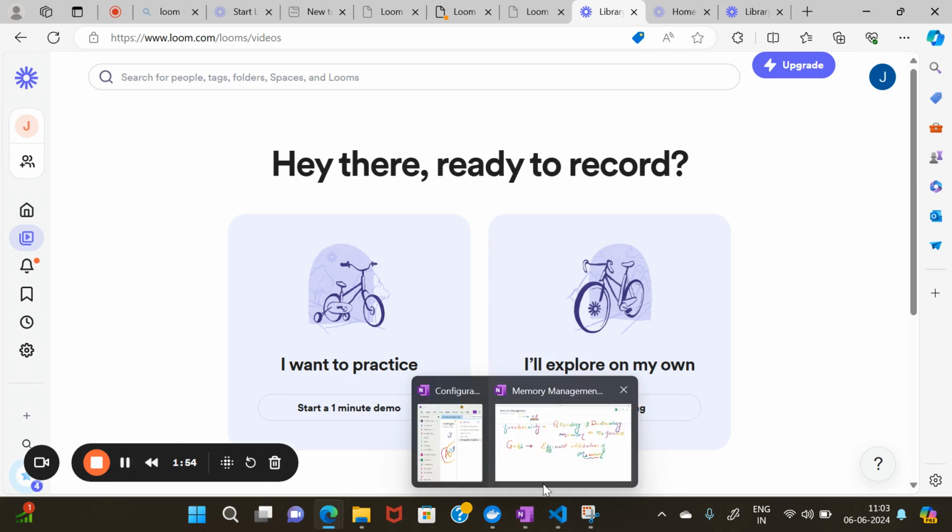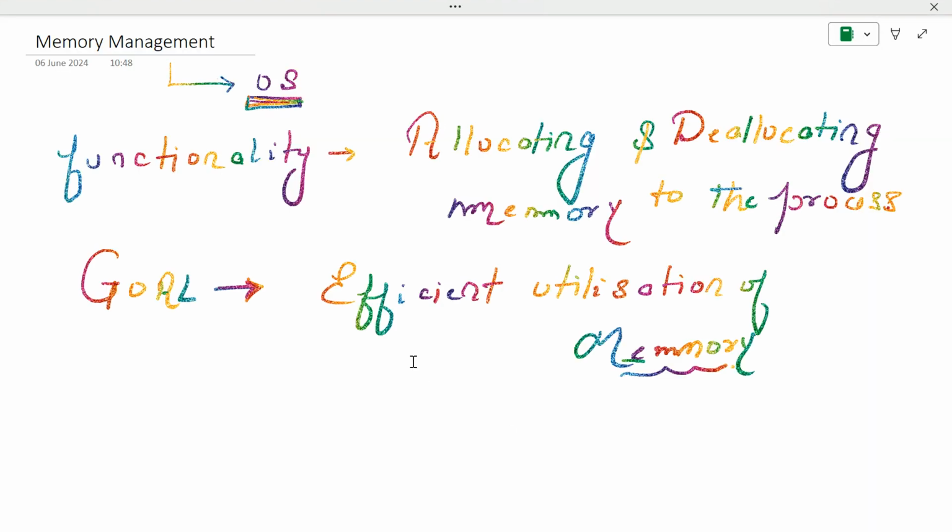Okay, so I'm back. We were talking about the goal, and the goal refers to efficient utilization of memory. And of course, we will learn later that we need to minimize internal and external fragmentation.